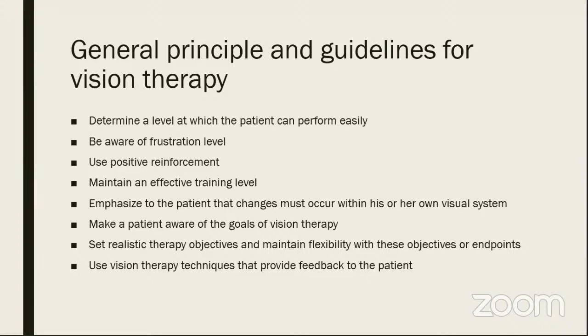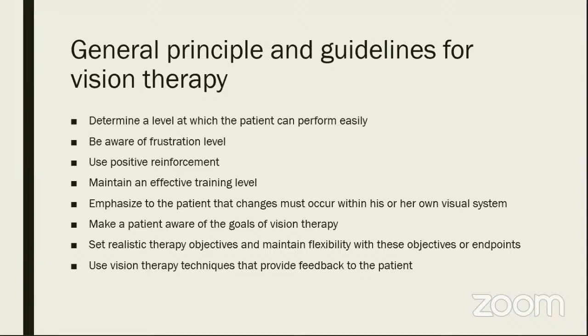Again, we have to discuss the nature of the problem, what our goal is in doing vision therapy, and the importance of doing this. It's not a one-time job. We have to do it more and more. The more we do, the more efficient our visual skills will be.